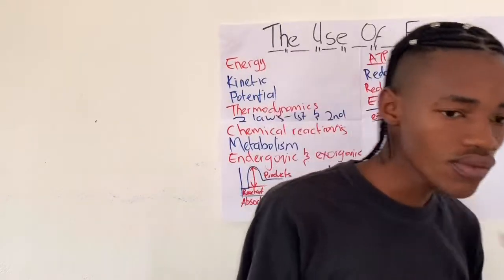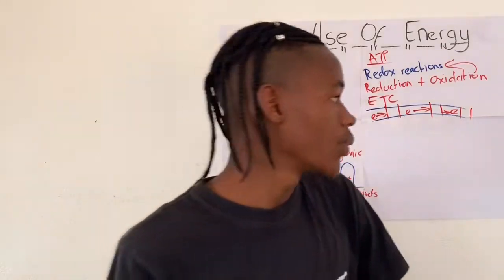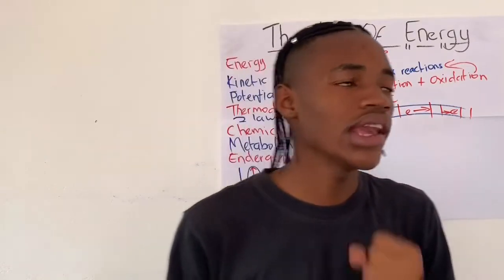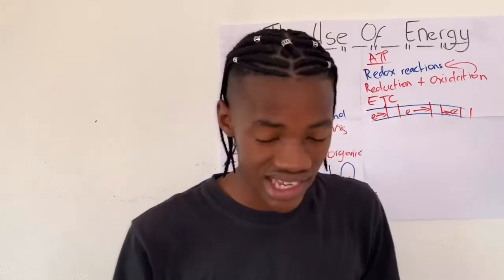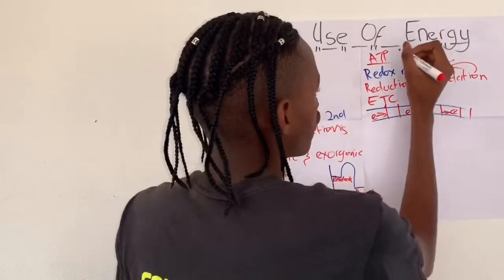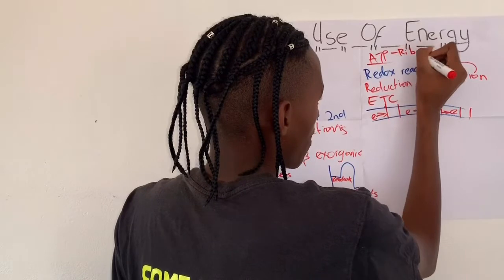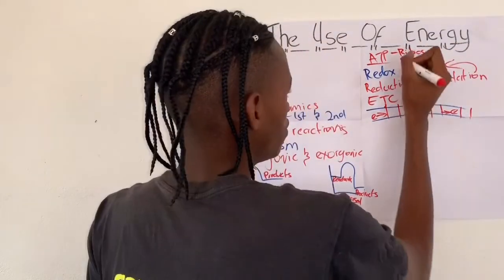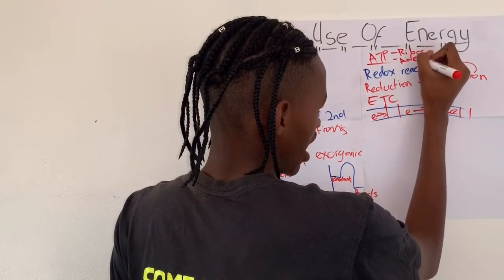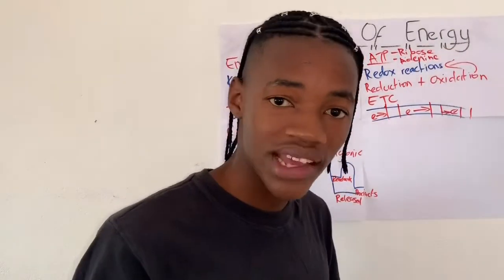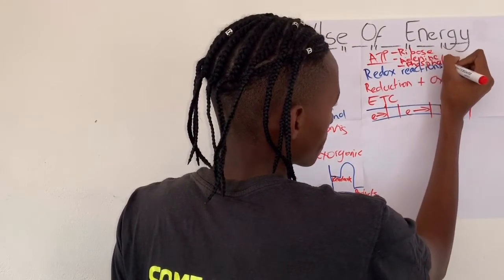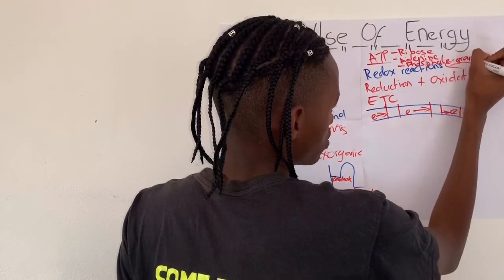Okay. And now with that said, we are going to talk about ATP. Like I said, ATP is a type of RNA, in a sense that it is composed of a 5-carbon sugar, the nitrogenous base adenine, and it has 3 phosphate groups.